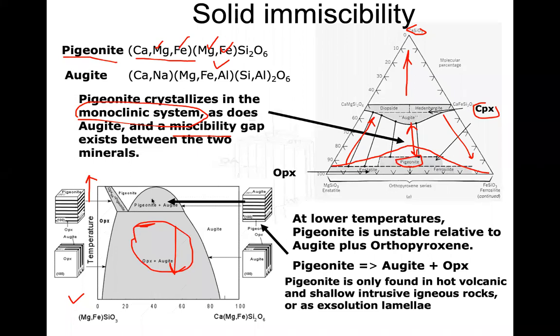So what happens if the rock undergoes low temperature conditions when pigeonite is present? Rocks can undergo pressure-temperature variations. Sometimes they are subjected to high pressure and temperature conditions, sometimes low pressure and temperature conditions, sometimes from low temperature or low pressure to high temperature and high pressure.